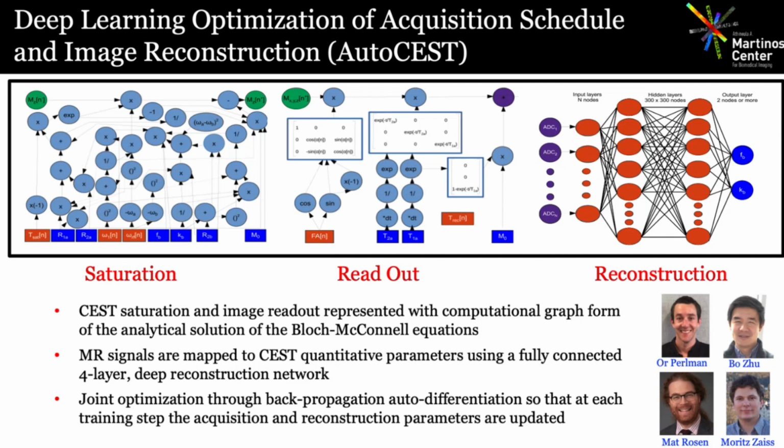We just slapped on our saturation pulse in front of that, and then we also added the neural network on the other end. So we have a joint optimization at each training step of both the acquisition parameters and the reconstruction neural network. This was all done by Or Perlman, again, in collaboration with Bo.